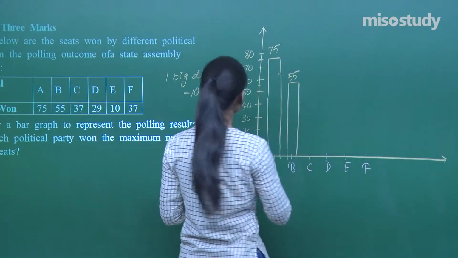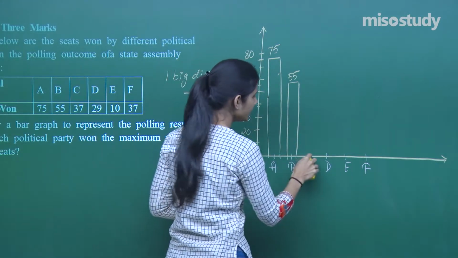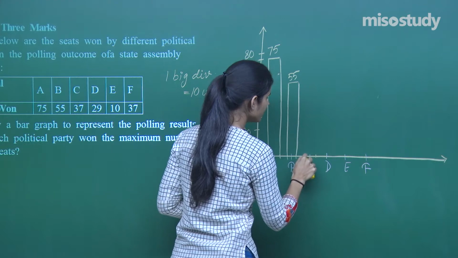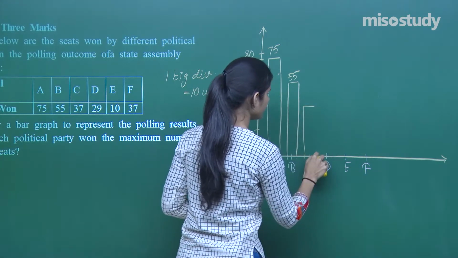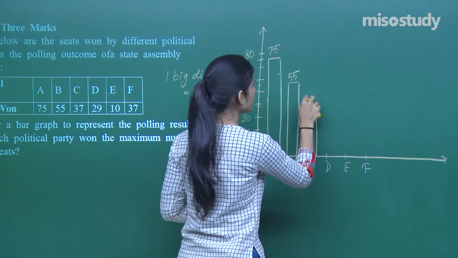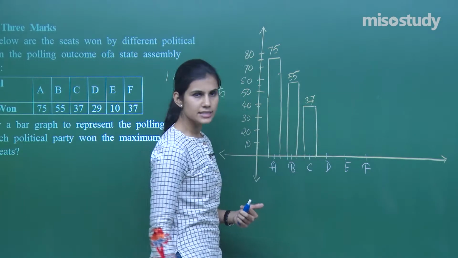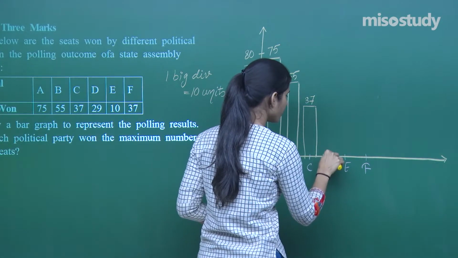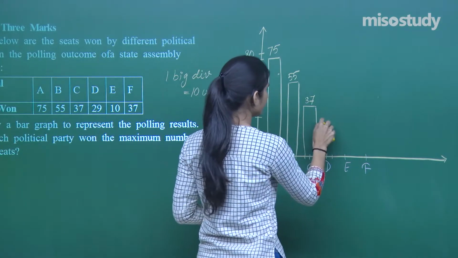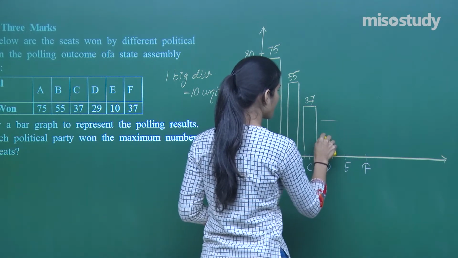Then you have C corresponds to 37, this is 37, I move 0.5 here, 0.5 here, 37 is somewhere till here. Of course, you can draw it precisely with your scale. Then you have D as 29, I move 0.5 here, 0.5 here, 29 is somewhere here.